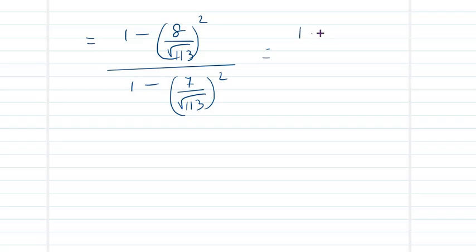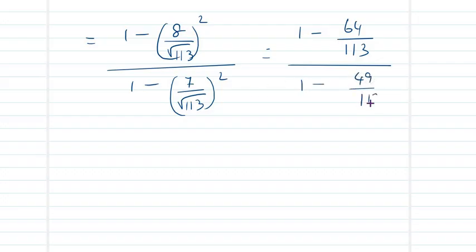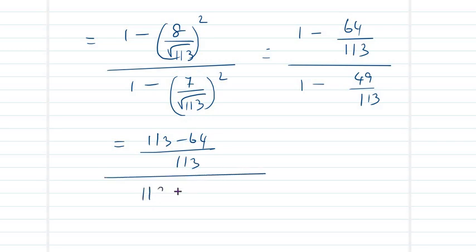So this will be 1 minus 8 square, which is 64 by 113, divided by 1 minus 7 square, which is 49 by 113. Can we simplify? 113 minus 64 by 113 divided by 113 minus 49 by 113, which we can cancel.